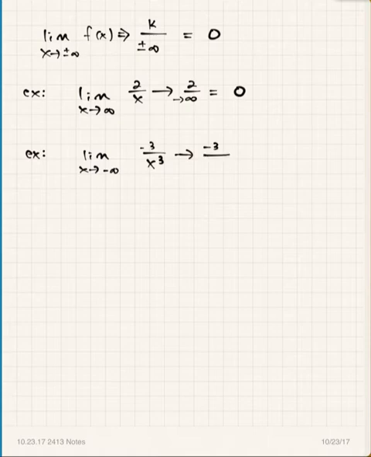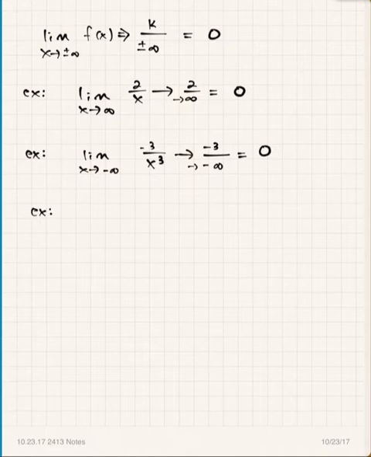In the denominator, as x gets to be a larger and larger negative number, when you cube it, that's going to be a larger and larger negative. So that's going to -infinity. It doesn't matter whether it's -infinity or positive infinity, or whether the numerator is a positive or negative real number that it's approaching. You're going to get 0. If the denominator is getting big without bound and the numerator is a constant, this is going to go to 0.